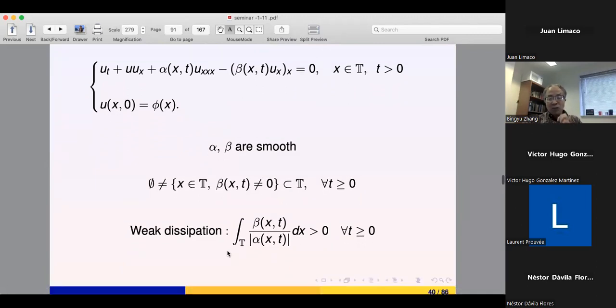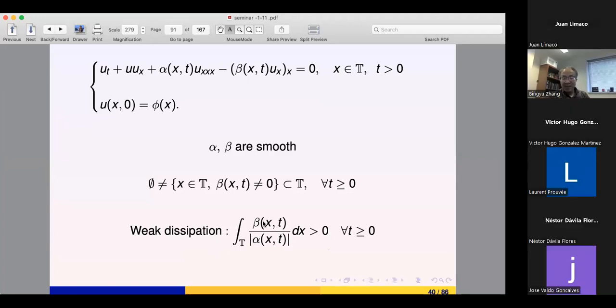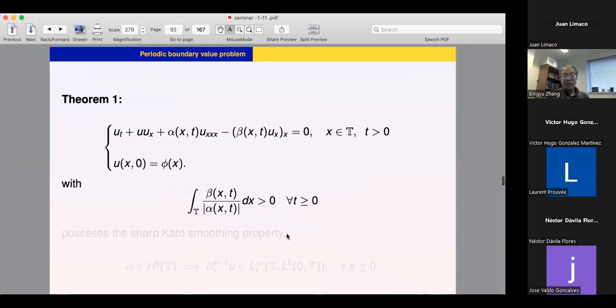We just assume the following, which we call weak dissipation: the mean value of beta over the absolute value of alpha over the periodic domain T is greater than 0. So beta itself could be positive at some points and negative at others. At some points it is dissipation, at some points it is anti-dissipation, but overall the mean value is greater than 0. So we call that weak dissipation. Then we prove the following theorem.